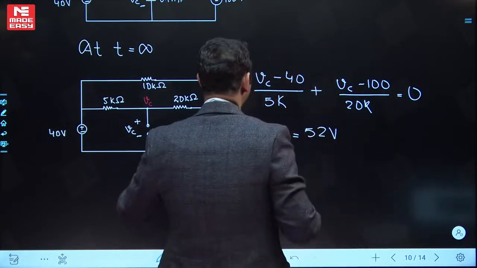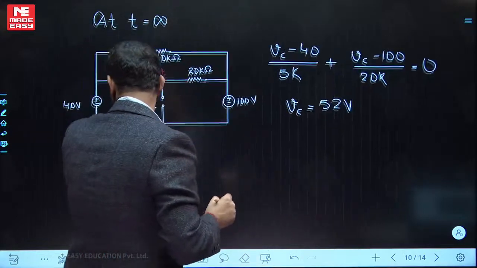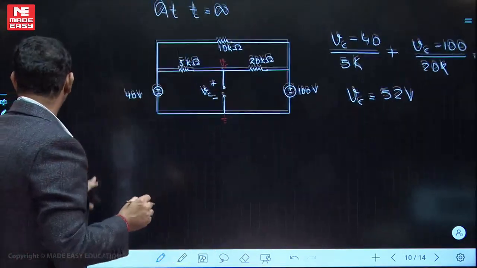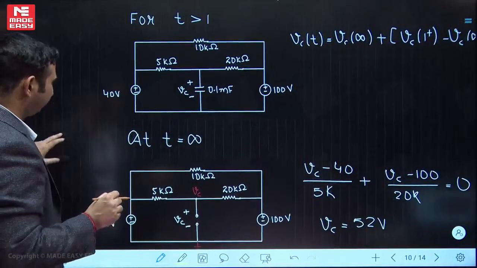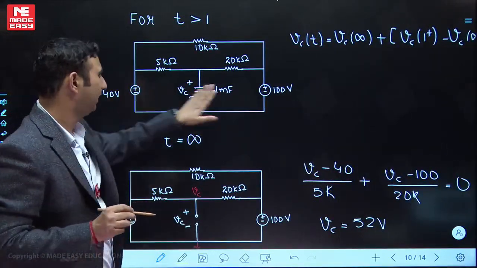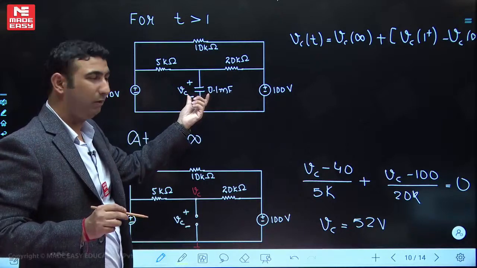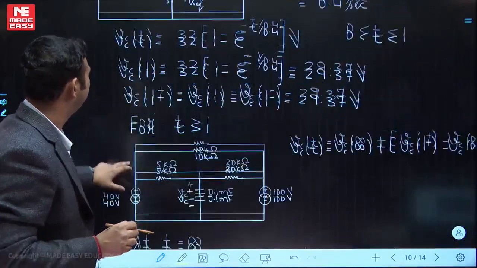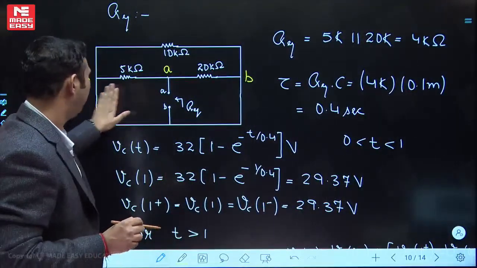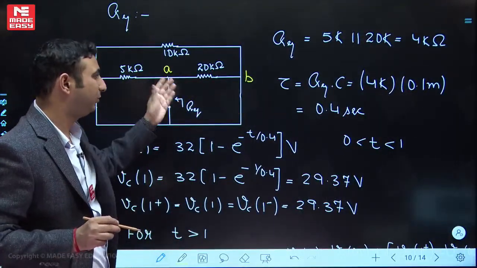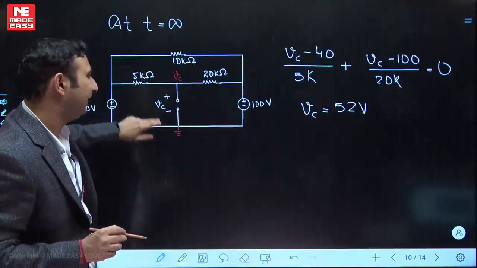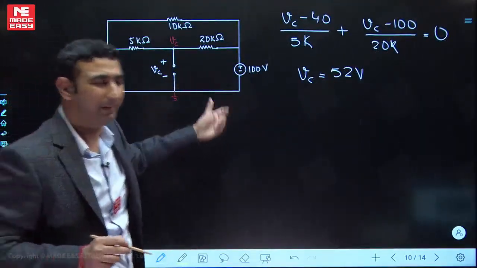Final value we have calculated, initial we have calculated. Now let's calculate the time constant. So time constant again will be R equivalent into C. Okay. So short, this is open, and we'll be calculating this. So the same situation like this. Short, open, the same situation, tau will be same, R equivalent into C, and then we can finally solve that, putting the values in that.